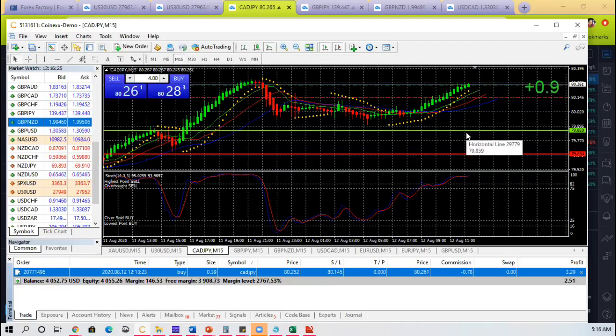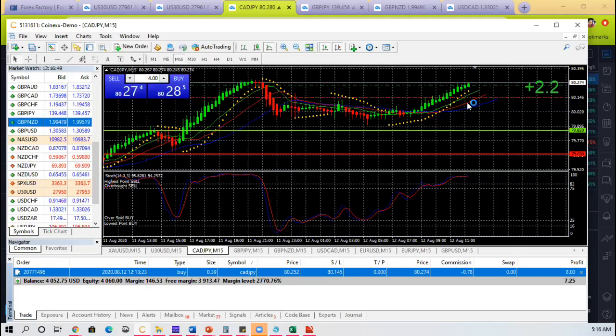Anytime you get into a trade, guys, understand you are going to experience pullback. That's okay. That's why we make sure that you're using proper risk management and that your account balance can hold and can handle the pullback that you experience in your trade.